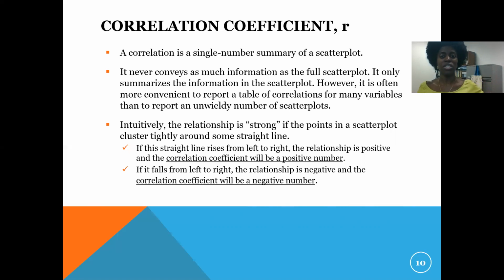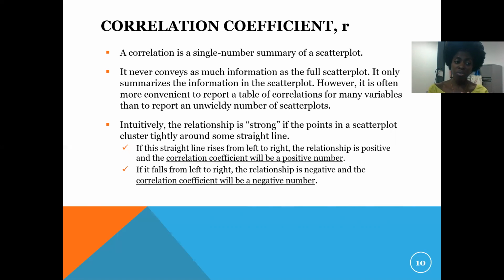So intuitively, the relationship is strong if the points in the scatter plot cluster tightly around some straight line. Okay, we know that because we've gone through that in the previous slides, right? If the straight line rises from left to right, the relationship is positive, and we would therefore see a correlation coefficient with a positive number. Just that simple, right? As X is going up, Y is also going up. That's a positive relationship.